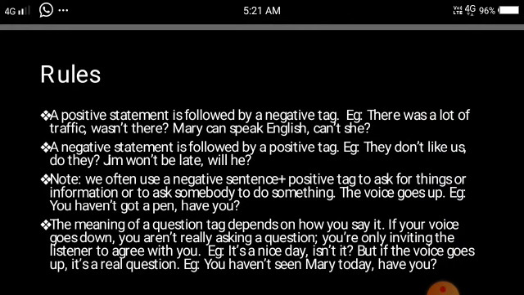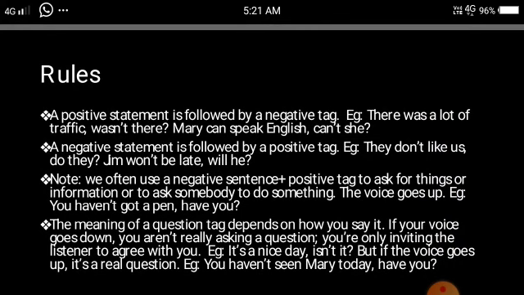I've given you two more examples here. There was a lot of traffic. Positive statement. Wasn't there. It becomes a negative tag. Was is the auxiliary verb.